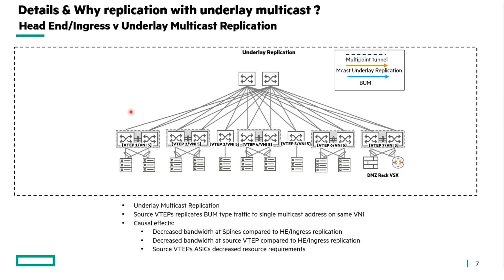Now let's look at the same scenario with underlay multicast replication. This time we have labelled the VTEPs and each VNI, which is VNI 5, which is mapped to VLAN 5 in this example.